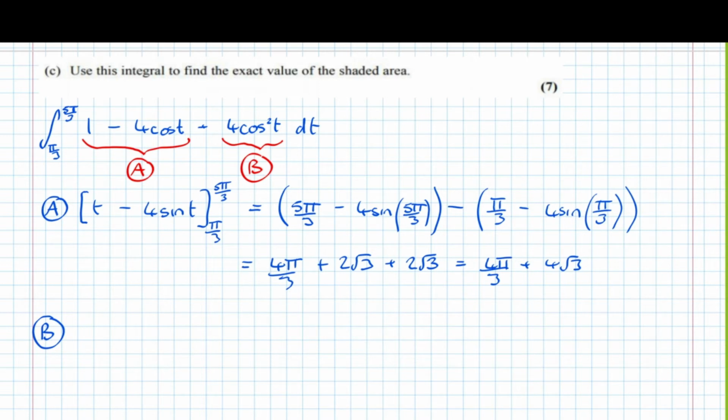And this is really just a test of memory. Yep, compound angle formula.